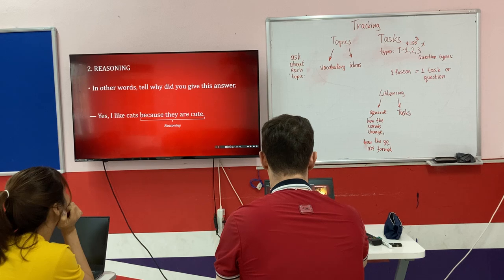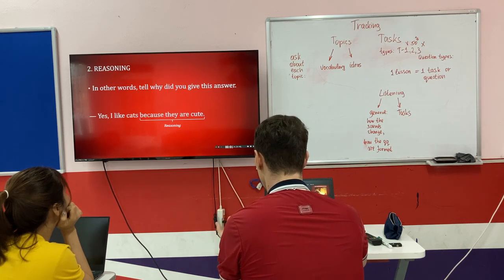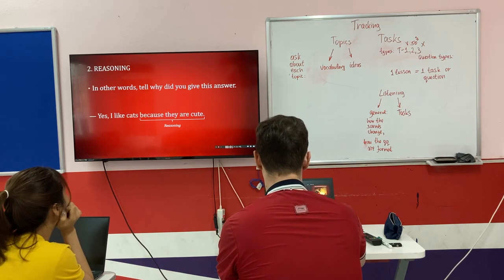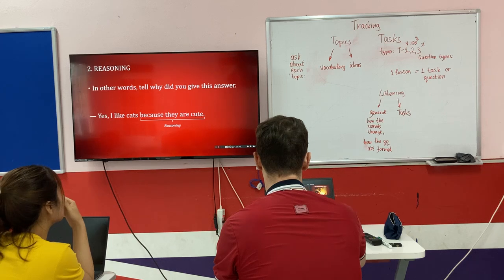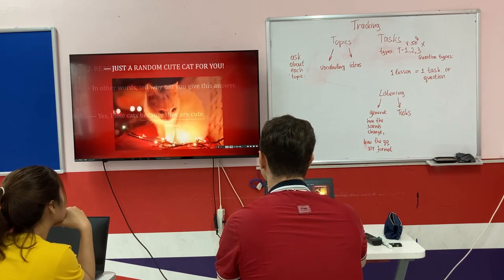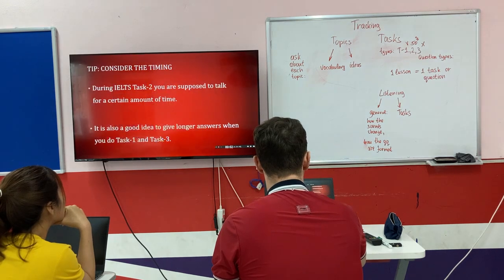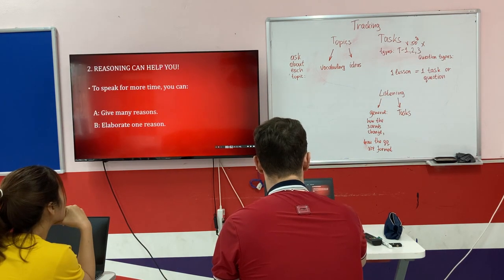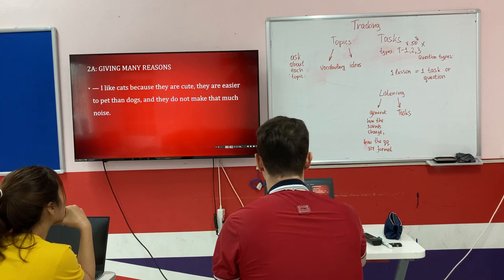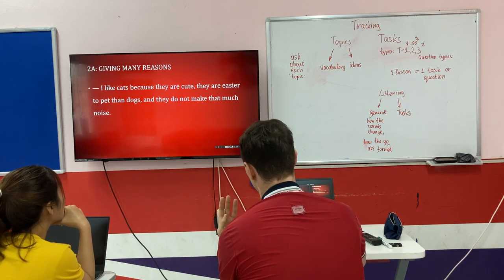Now the reason. We need to say why. Why do we give that answer? Because they are cute. This is a cute cat. We see cats are cute. So they are supposed to talk for a certain amount of time. They can have more than one reason.